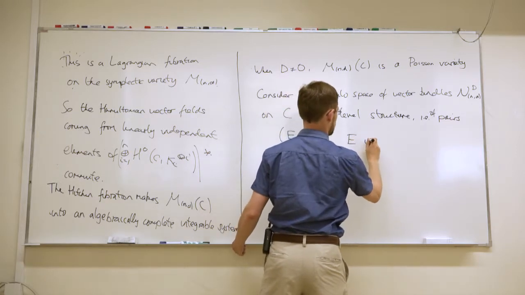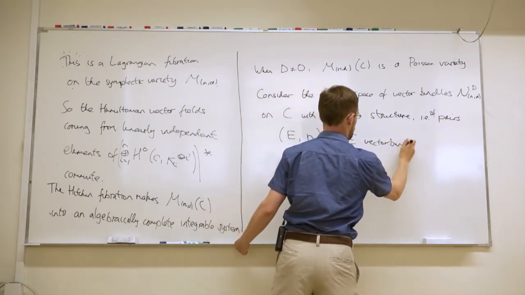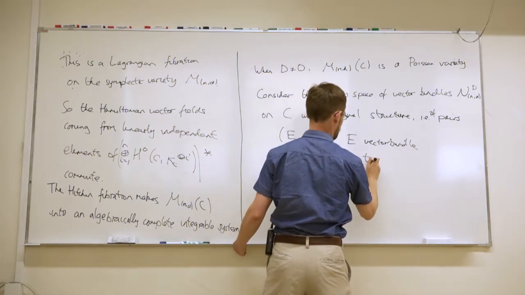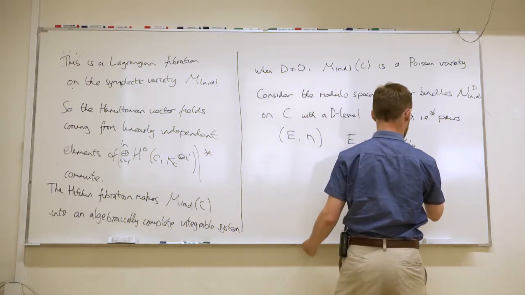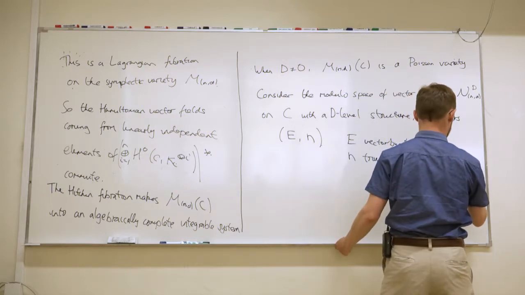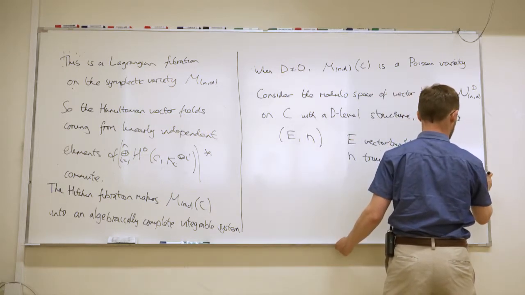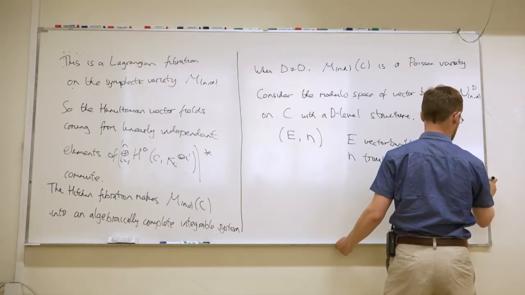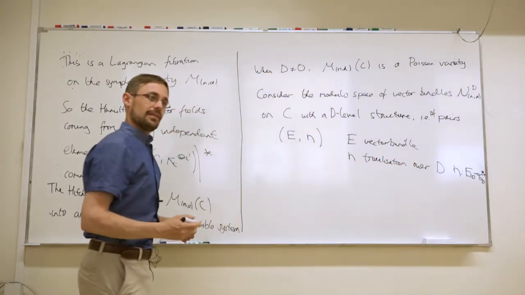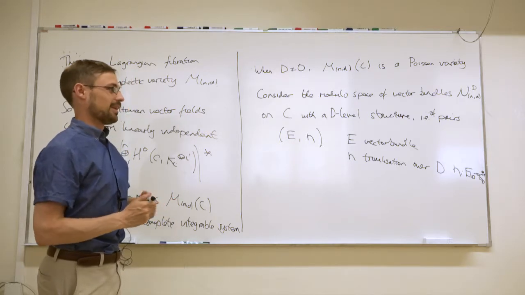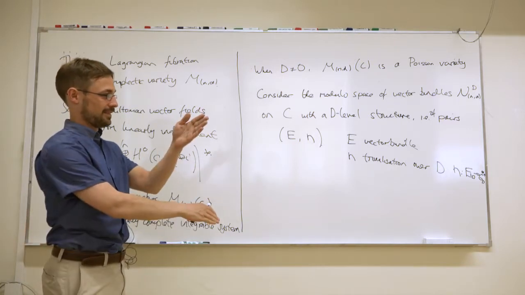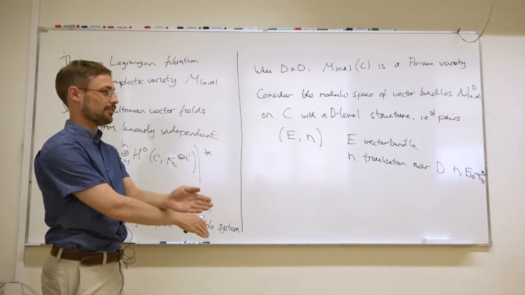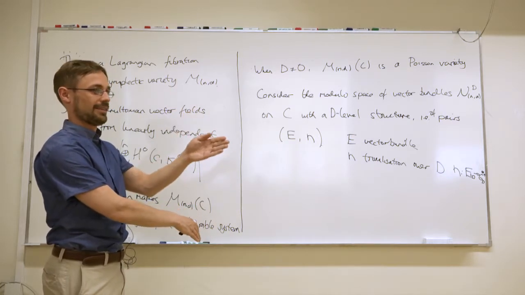So E is a vector bundle, and eta is a trivialization over D. That's to say, I give an isomorphism from the restriction to D to O of D plus N. So this sort of artificially puts in some extra data, which is to give a fixed isomorphism of the fiber.